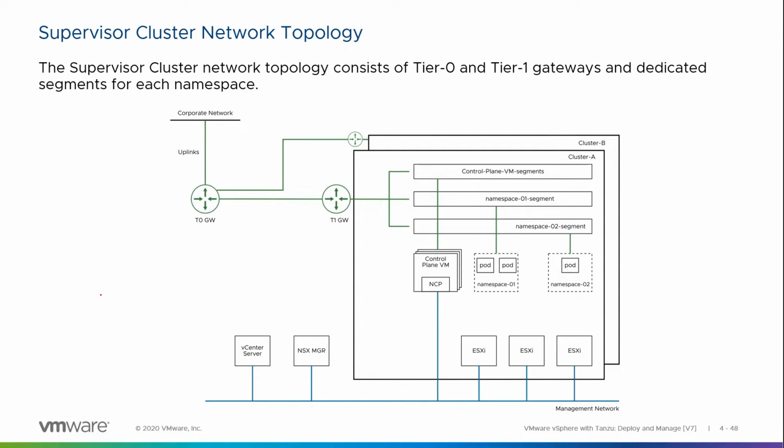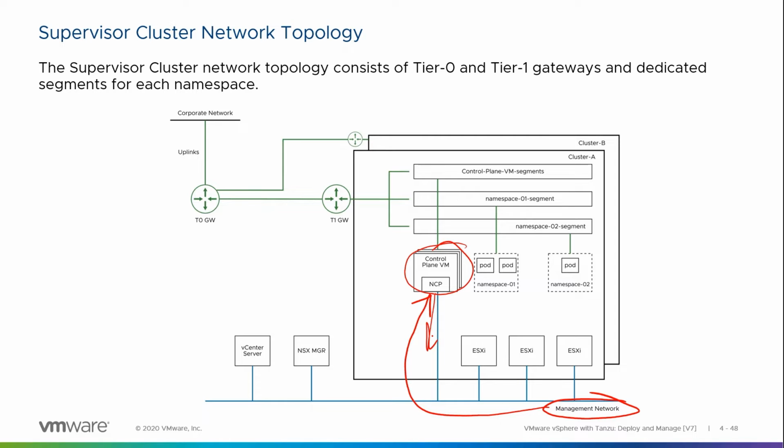This is a topology picture of what it actually results in. You can see inside here, when we're looking at our supervisor cluster networking topology, here is my management network. When you enabled the workload management platform, you specified that management network for your control plane VMs to be plugged into, and you gave it a block of 5 IP addresses that these control plane VMs would be using.